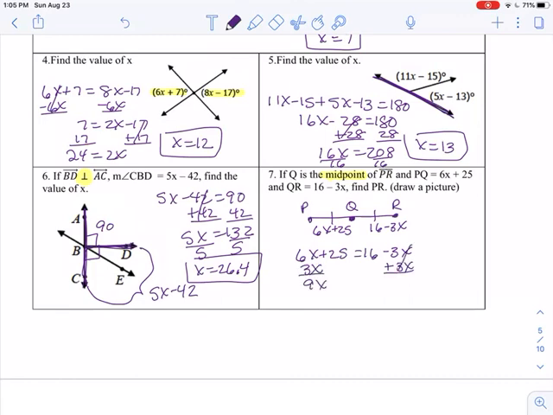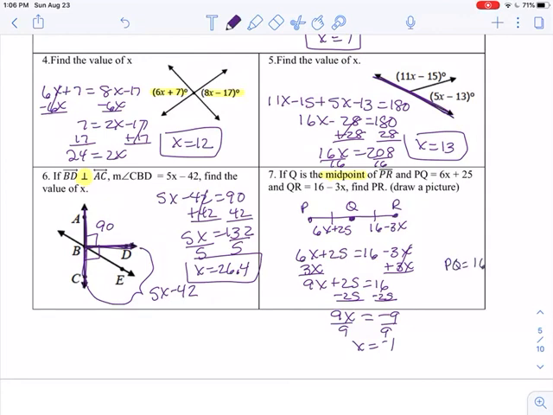I'm going to add 3x. I'm going to subtract 25. And I get negative 9. And I get x equals negative 1. And they also wanted me to find the length of PR. So I have to go back and substitute.